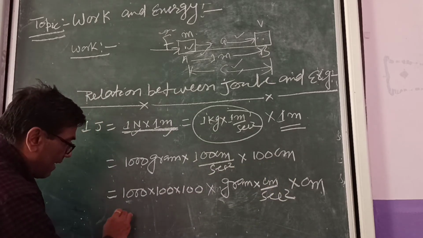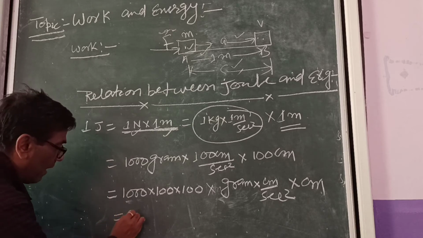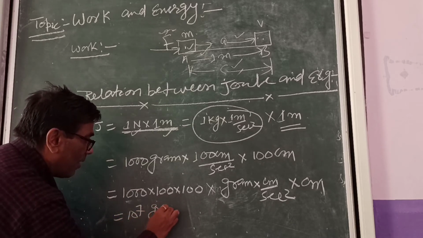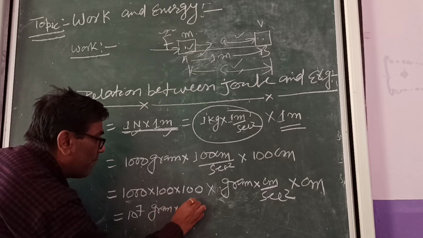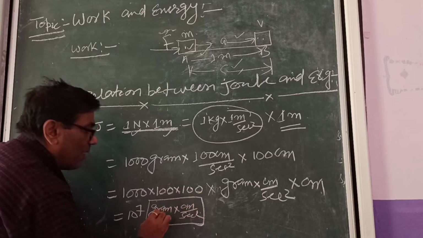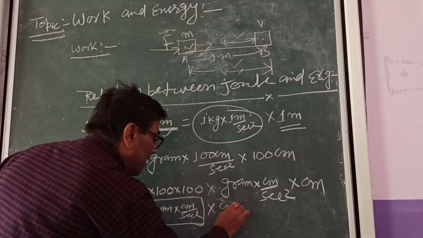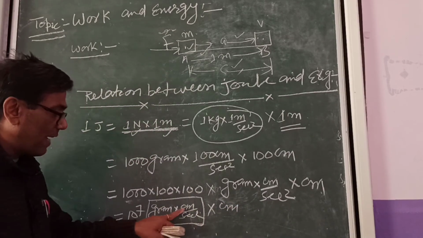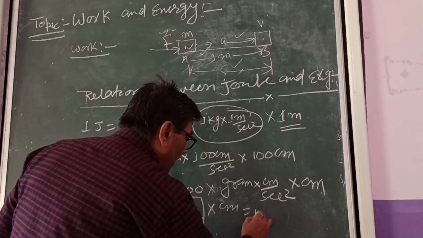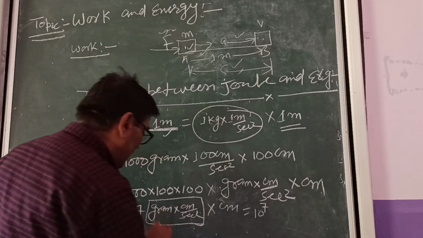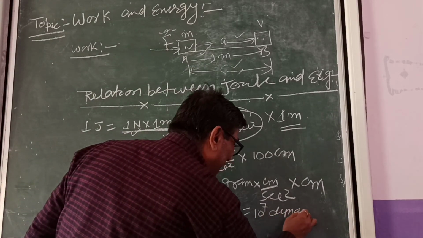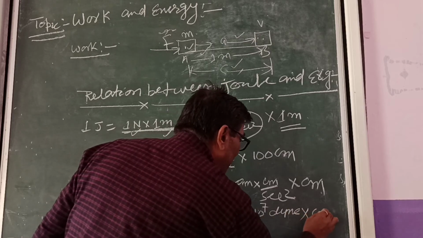Collecting all the numerals, we get 10 to power 7 gram into centimeter per second square into centimeter. Gram centimeter per second square is the dyne, D-Y-N-E.